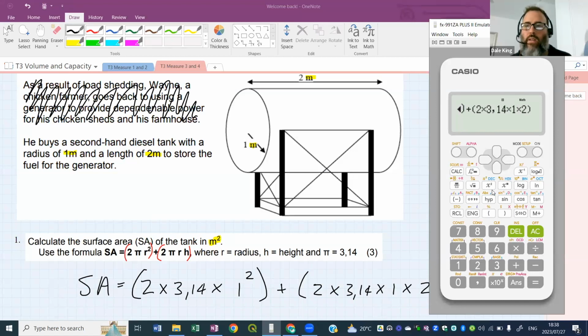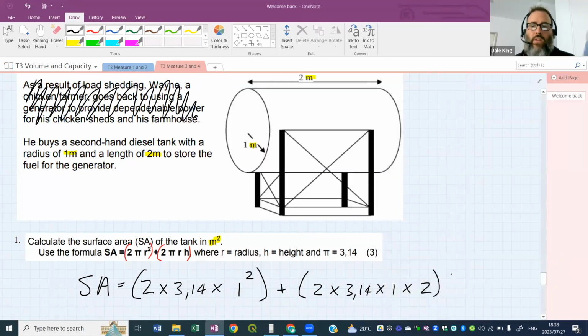All right. Plug and play. Press equals. 18.84. All right. Now I know people are saying, hold on. Why am I getting 18.85 something?